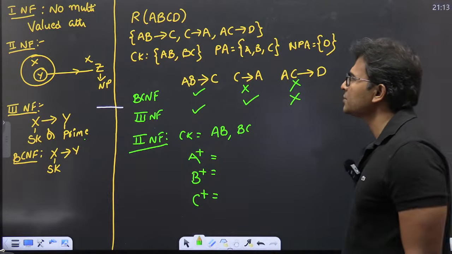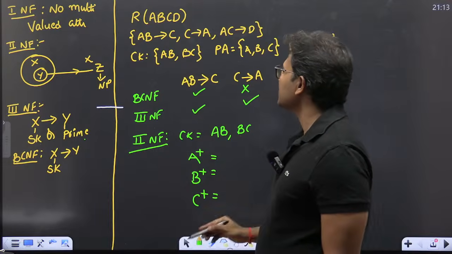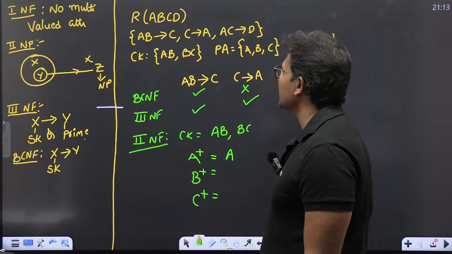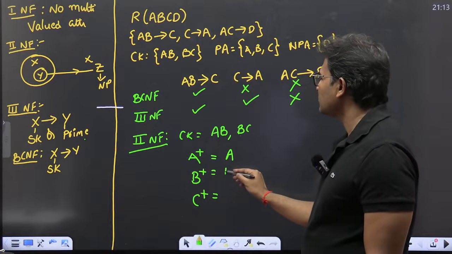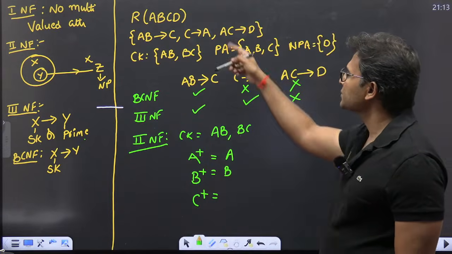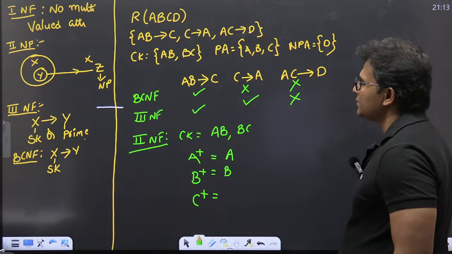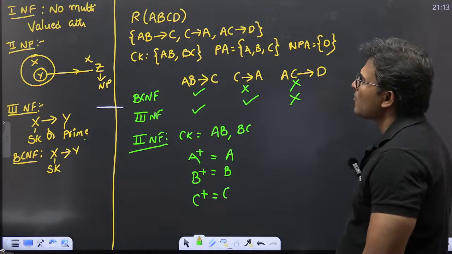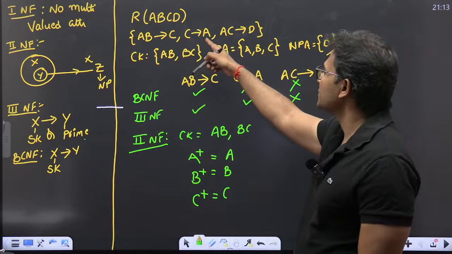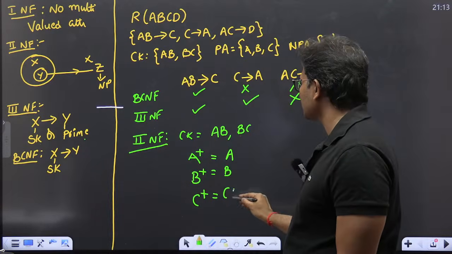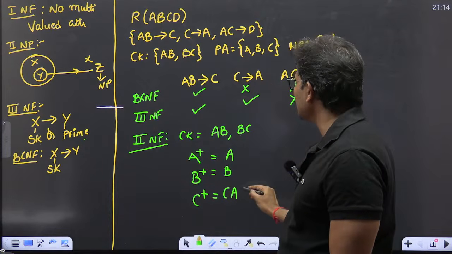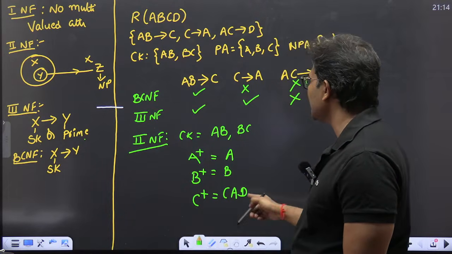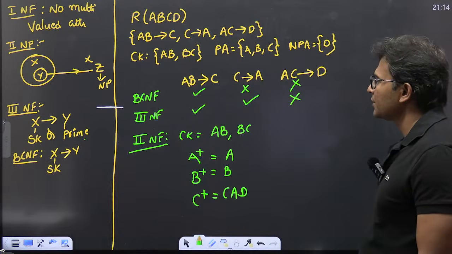Now what is A plus? A plus is A, that's it. What is B plus? B plus is B. What is C plus? Here C plus is not just C. C determines A, and AC determines D. So C plus is CAD.